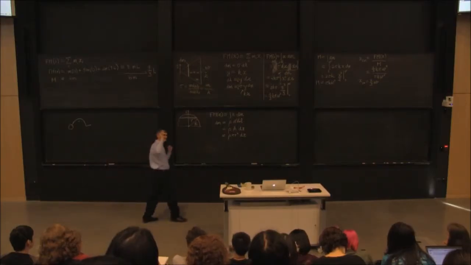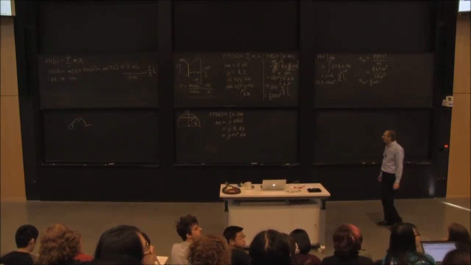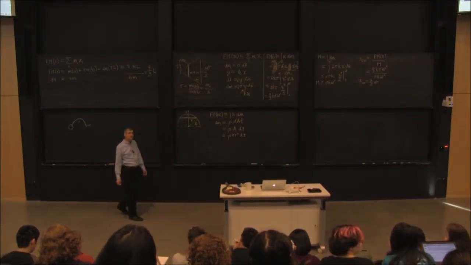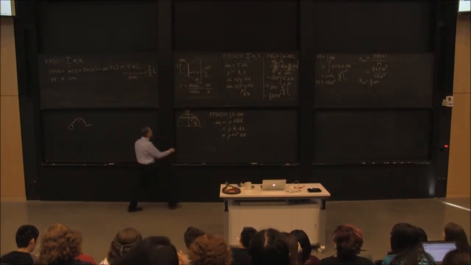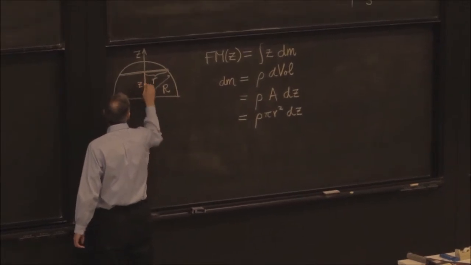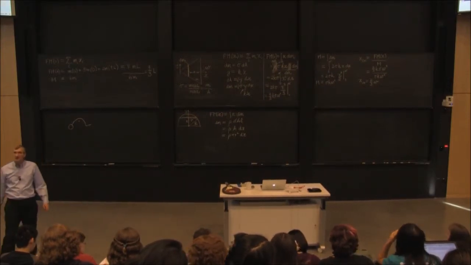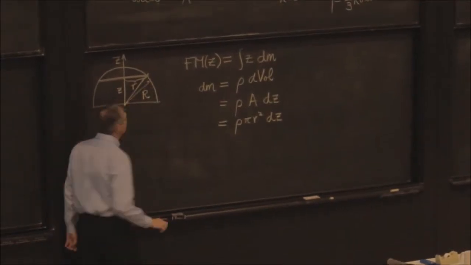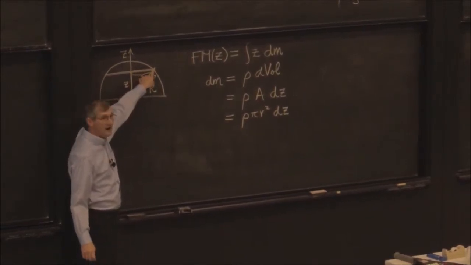Any proposals? So this side of the triangle would be the height z, right? And the other side of the triangle is r, what I'm trying to find.